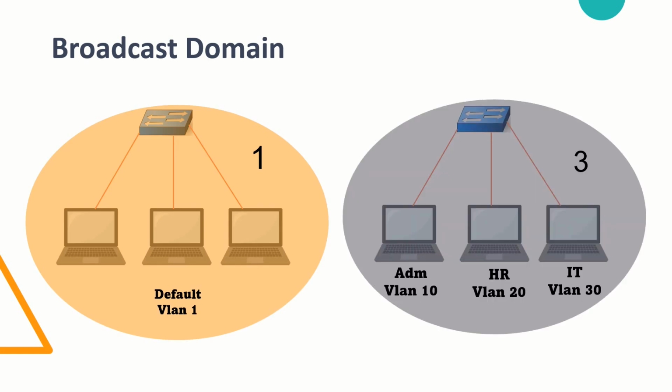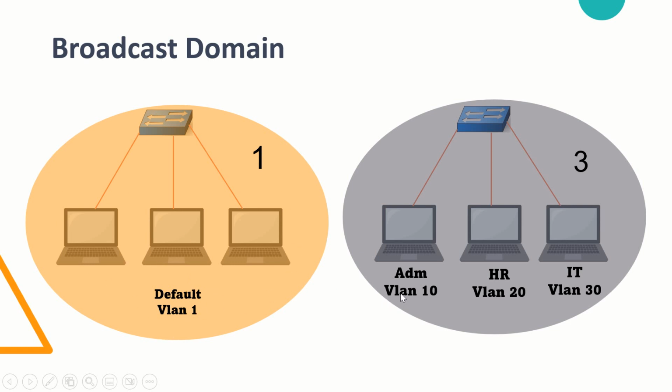And also in this scenario, you can see we have 3 different computers here connected to one switch. By default, when you turn on the switch, all of them are members of one VLAN, which means only one broadcast domain.